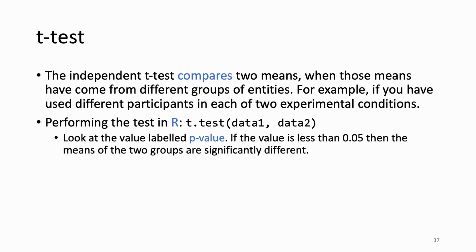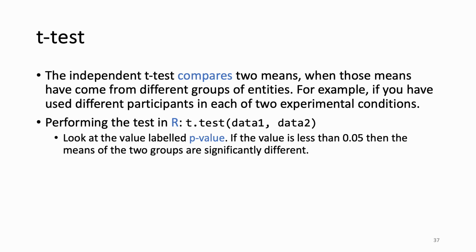For instance, you can think about conducting an experiment where you have two conditions, and you involve or ask different participants or developers, for example, to be part of these two conditions. So you don't have any relation or connection between the samples that you collect from these experiments, and that's why it's called the independent t-test.